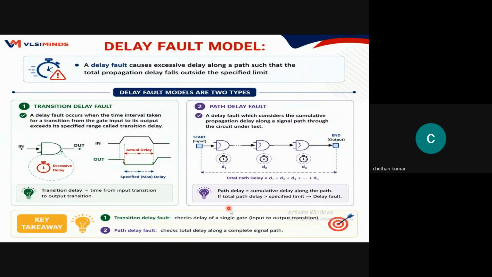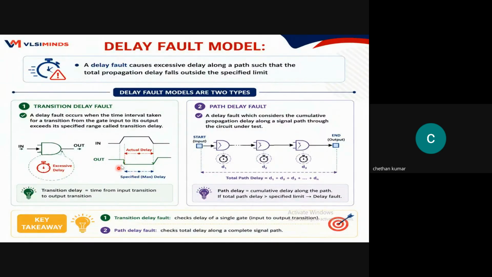Transition delay faults means across each gate, there will be a transition delay fault, either at the input or output, changing from 0 to 1 or 1 to 0. If the delay is more than expected, then that comes under transition delay faults.